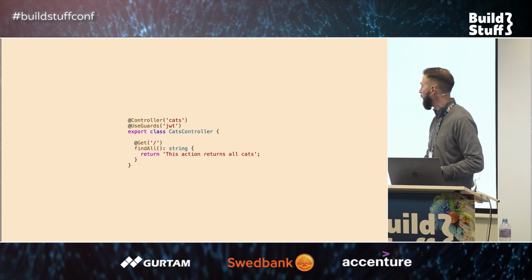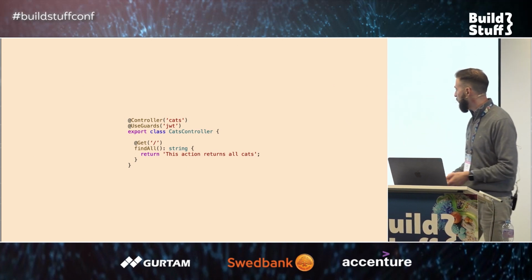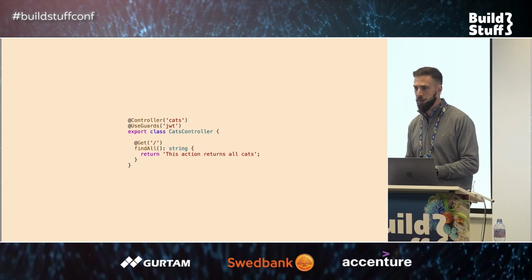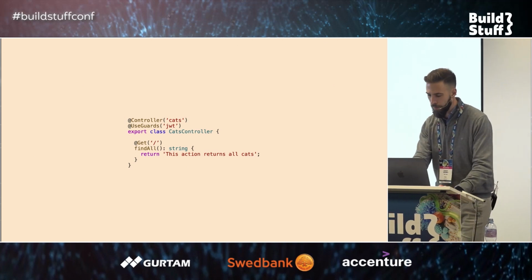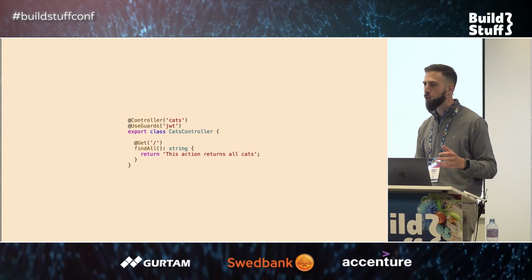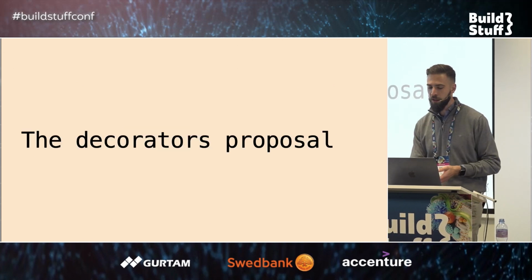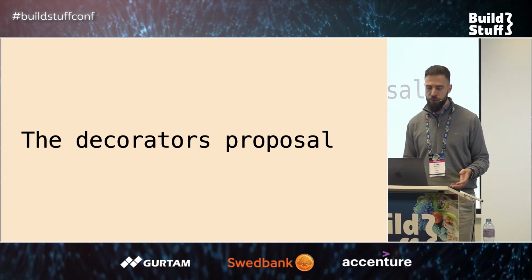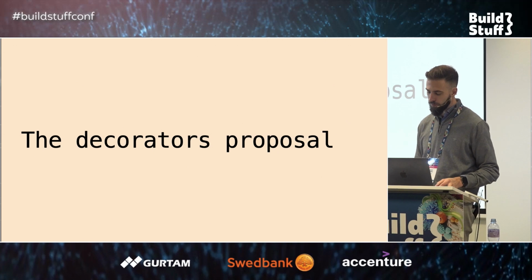We can use authentication. It uses decorators for everything, and it works quite well. So let's take a more detailed look at the decorators proposal and what it seeks to add to the language of JavaScript.